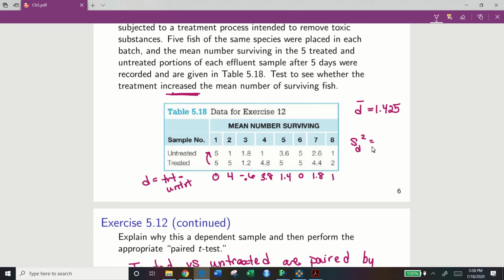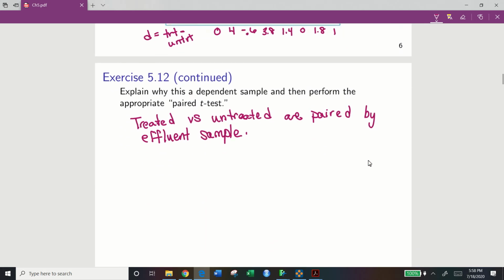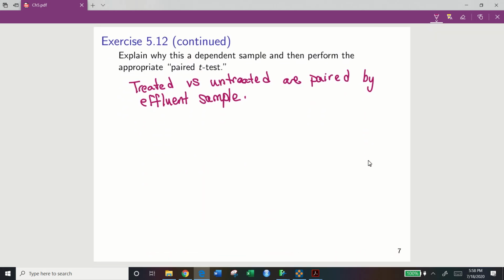JMP gives us the standard deviation. So we're going to need to square that value. Our standard deviation was 1.7219. We're going to go ahead and square that. We're going to get 2.9699.